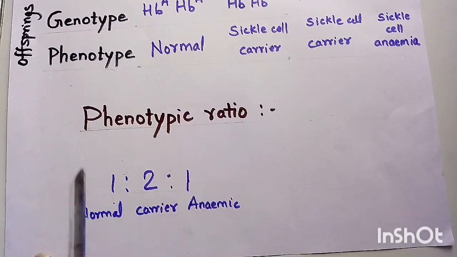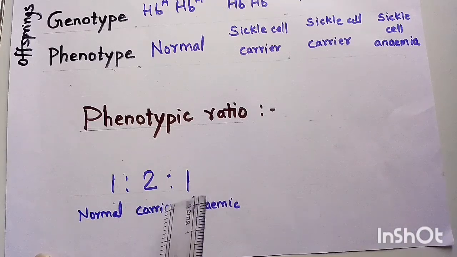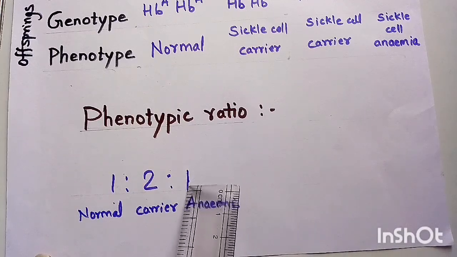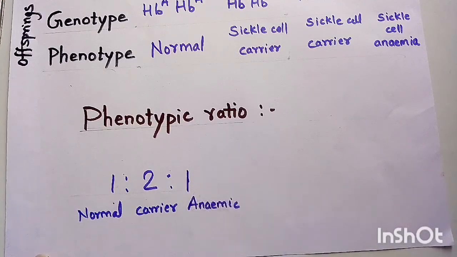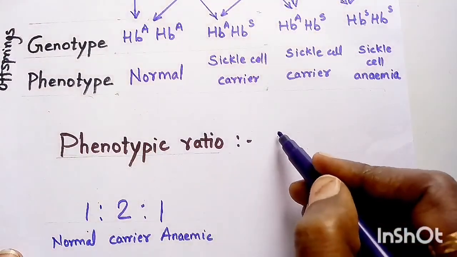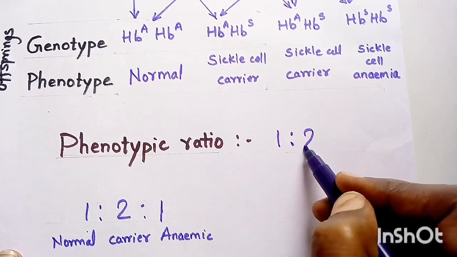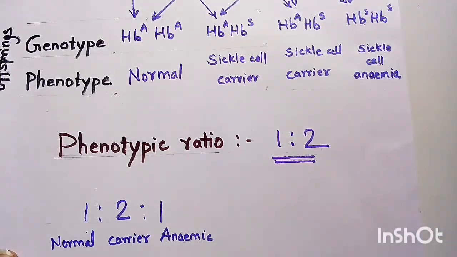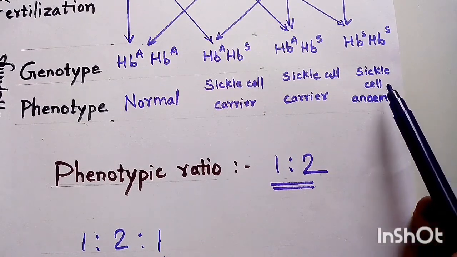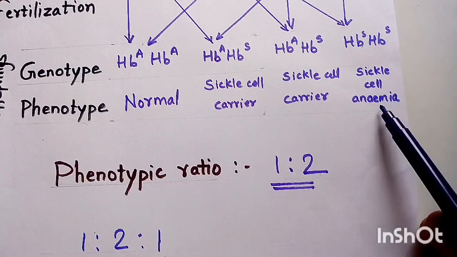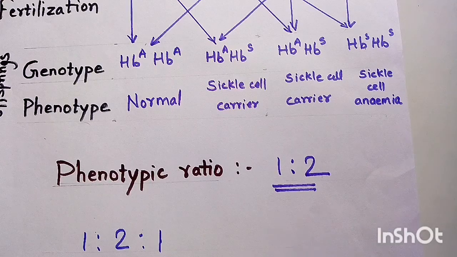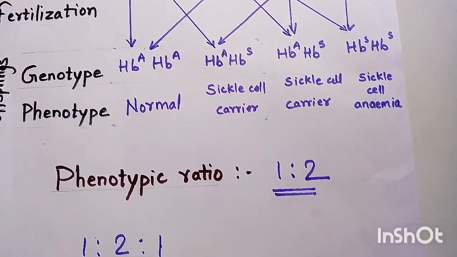Carriers carry the traits and genotypes, but they will just show signs of mild anemia, whereas the last one dies. So finally, the phenotypic ratio becomes 1:2. This is the final phenotypic ratio because the last offspring dies due to the disease, that is sickle cell anemia. Hence the ratio becomes 1:2. So this you have to remember for your exams.